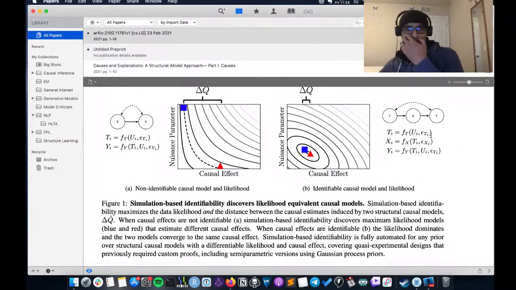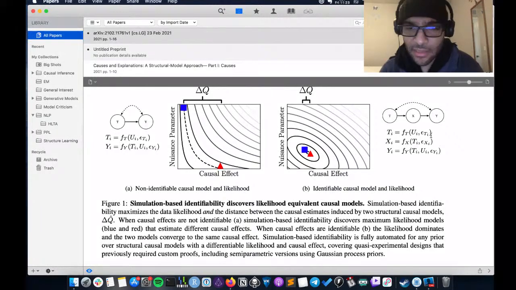The likelihood dominates and the two models converge to the same causal effect. Simulation-based identifiability is fully automated for any prior over structural causal models with differentiable likelihood and causal effect, covering quasi-experimental designs that previously required custom proofs, including semi-parametric versions. Simulation-based identifiability discovers maximum likelihood models, blue and red, and estimate different causal effects.